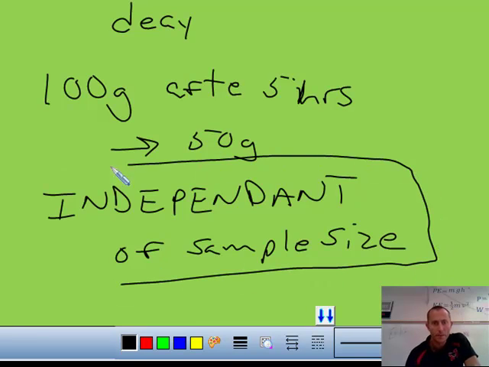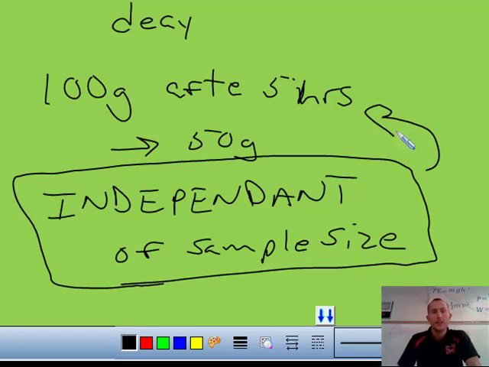That's very important, because what that means is that if we go back to our previous example, if I started out with 1,000 grams of that particular radioactive element, after 5 hours I would still have half of it left. So after 5 hours I'd have 500 grams of it left. Then after another 5 hours I'd have 250. Then after another 5 hours I'd have 125, and so on and so forth.